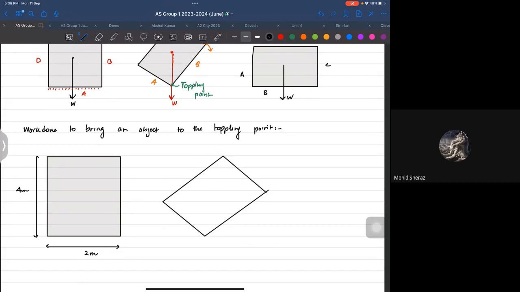So please understand this. This side, if you try to topple this side, would be 2 meters. This is the toppling point, and this is going to be 4 meters like this.